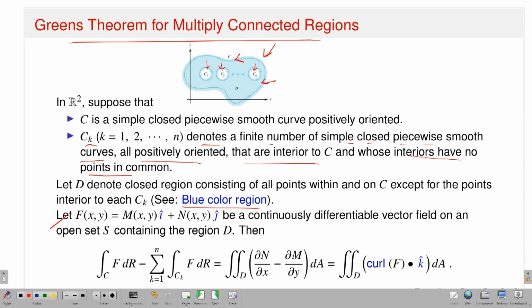Once I have that, the blue color region, suppose I start with a nice continuously differentiable vector field capital F defined on an open set S which contains my domain D. Then what is the statement of Green's theorem?